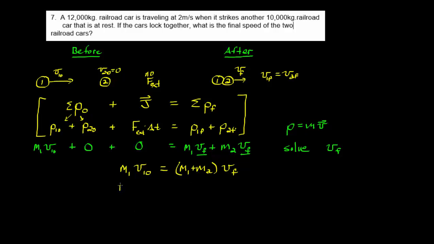So we'll get mass 1 times v1 naught divided by mass 1 plus mass 2. That's equal to the final velocity. I'm not going to do the numbers. You would just plug them in at this point. But that's our solution. So again, draw your pictures, set it up, and then work with whatever you have.